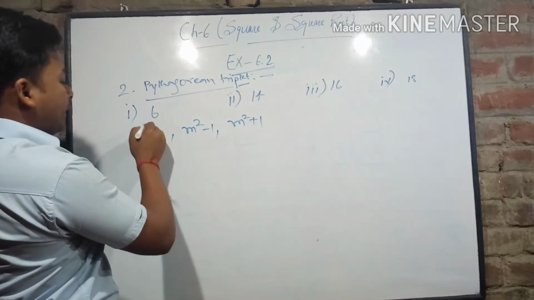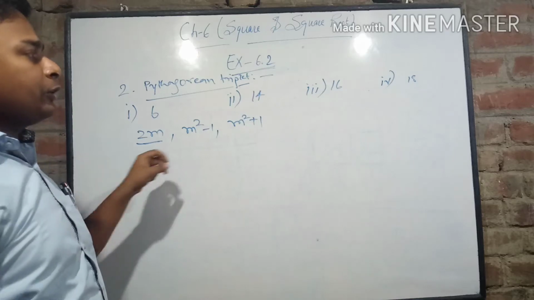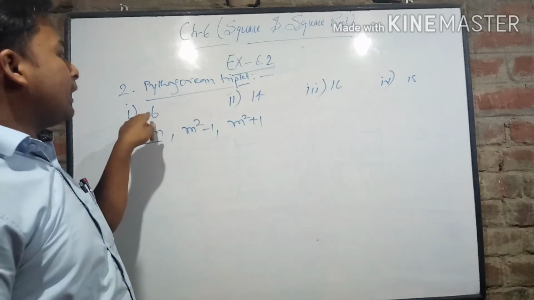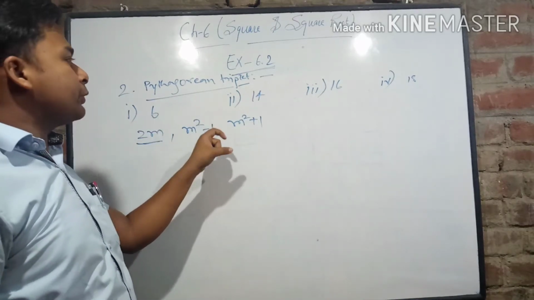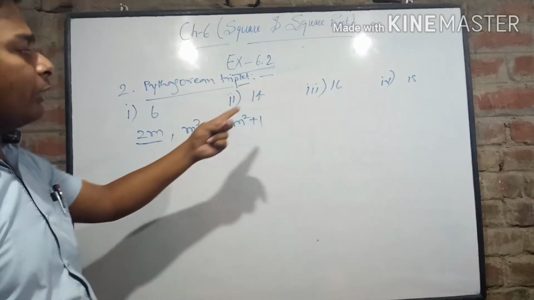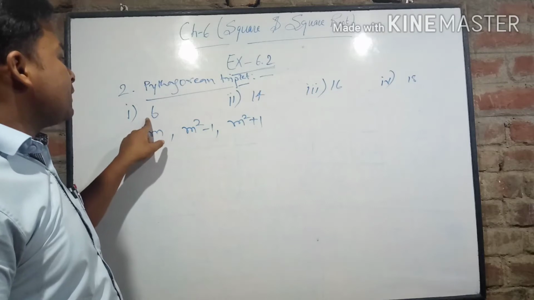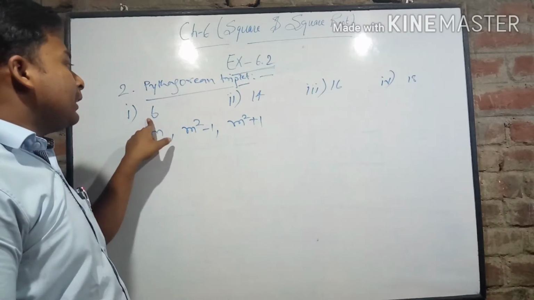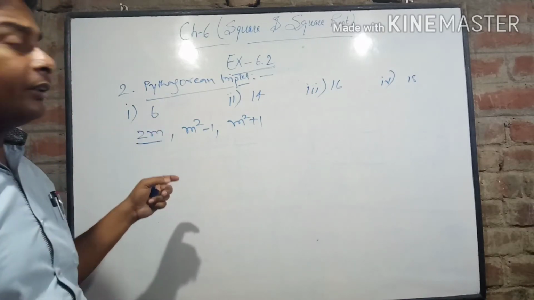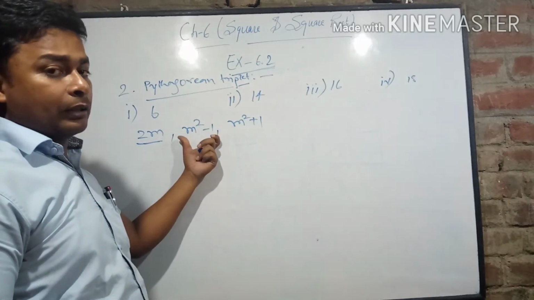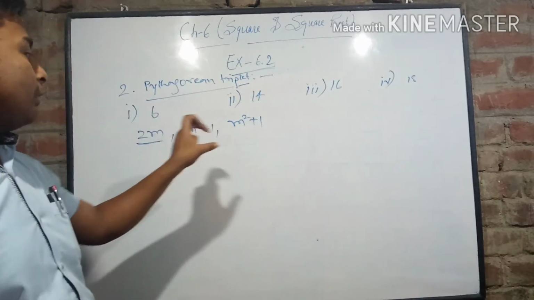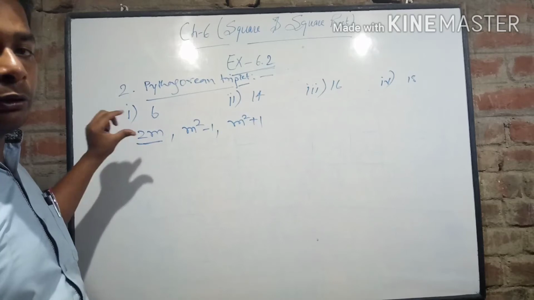So we will apply the first part, 2m, because you can see that these are not close to any perfect square. If they were, then we would apply that also. Suppose in place of 6 it would have been 8, then it is closer to 9, so we would apply that part also. But in this case it will be applicable only 2m.